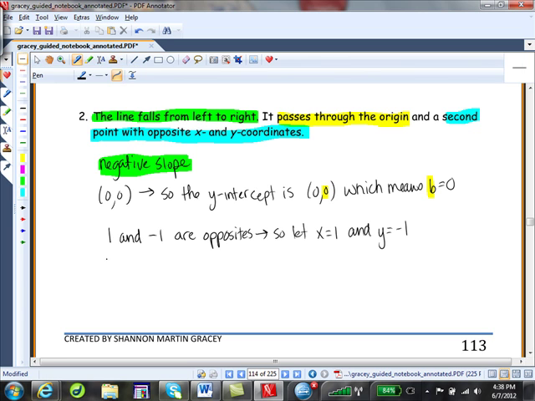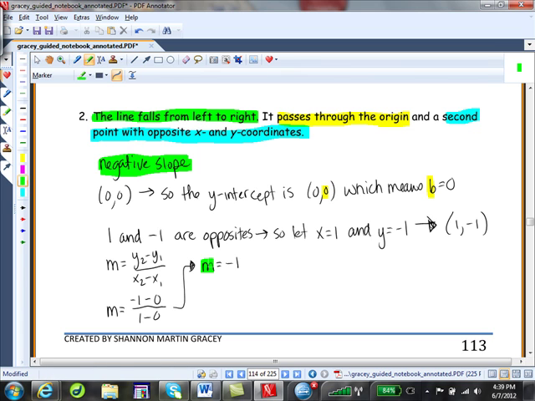So m equals, remember, y2 minus y1 over x2 minus x1. So this one we got the ordered pair of 1, -1. And so our slope will be -1 minus 0, because the origin is one of the ordered pairs, over 1 minus 0. So this gives us a result of m is equal to -1.